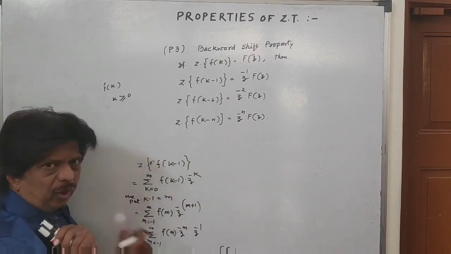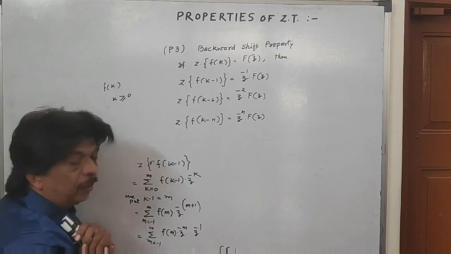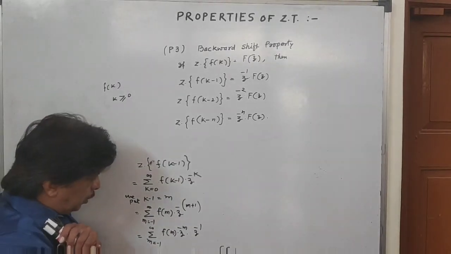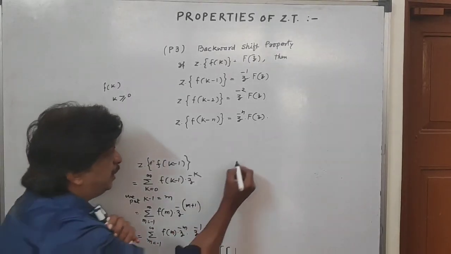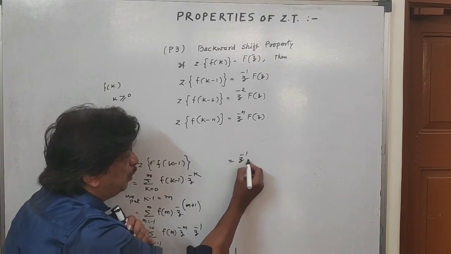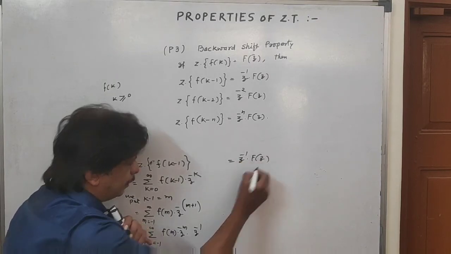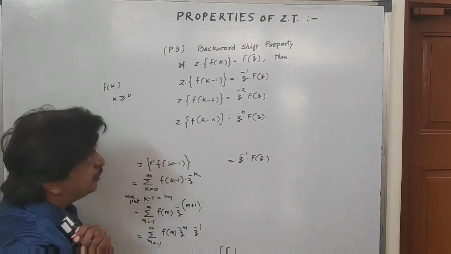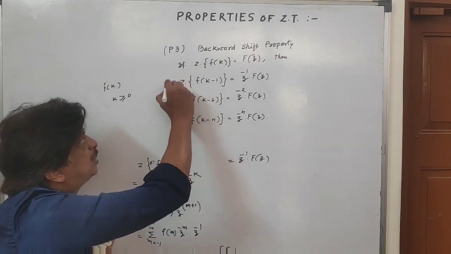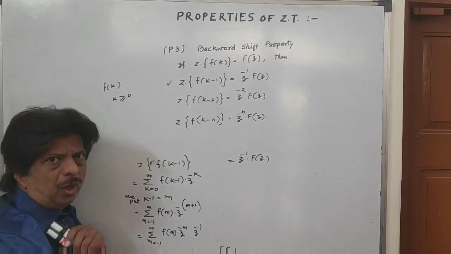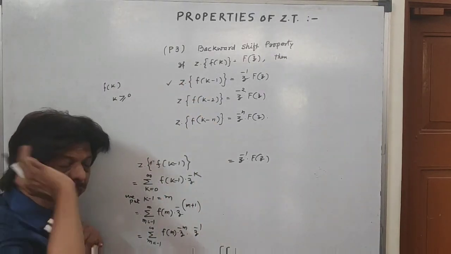For m equal to minus 1, for negative m, it is 0. So this is nothing but z inverse into f of z. So I have proved this backward shift property.